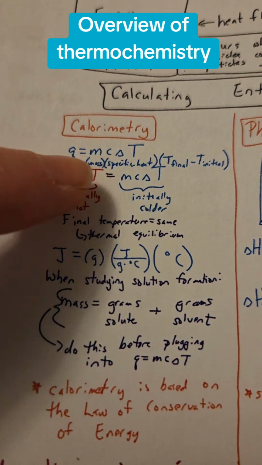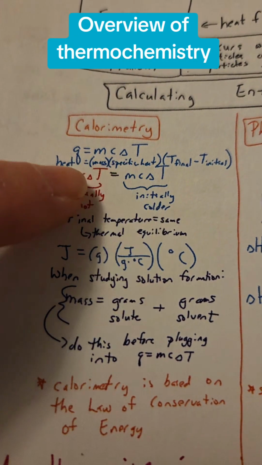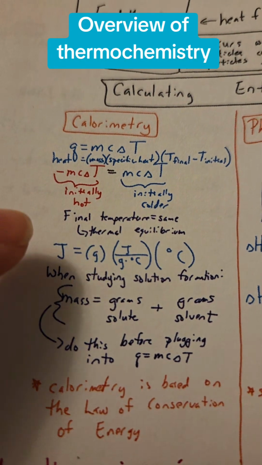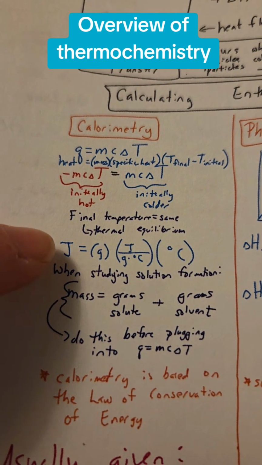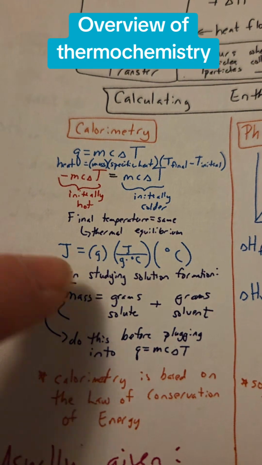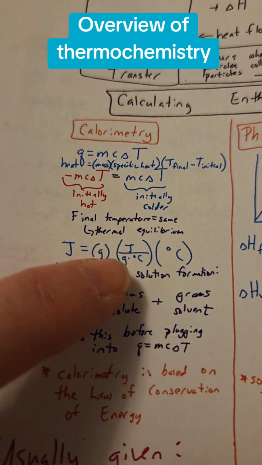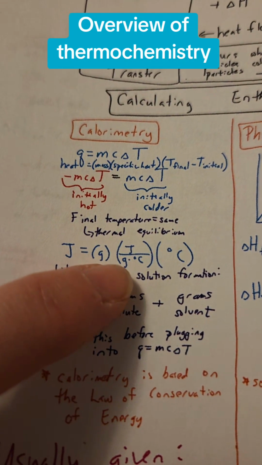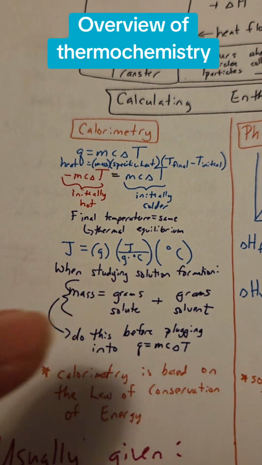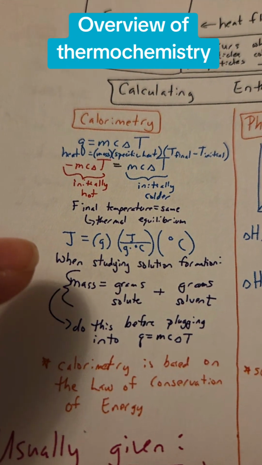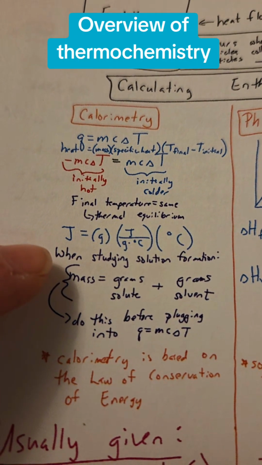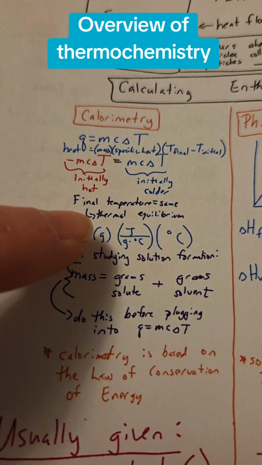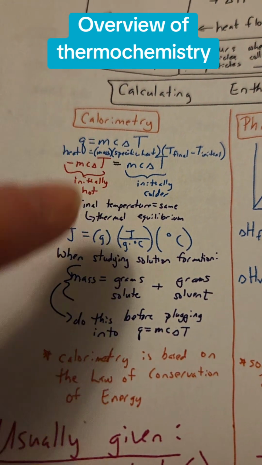If you're doing this situation, you could solve for specific heat or one or the other, a temperature value, mass, and so on. In this case, Q is going to be in joules, M is in grams, specific heat is in joules per gram degree Celsius, and then your delta T is going to be in degrees Celsius.